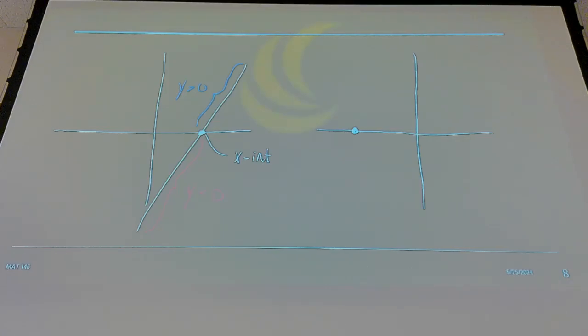I'll just do a simple one. So your signs would stay the same, right? It would stay positive or negative.